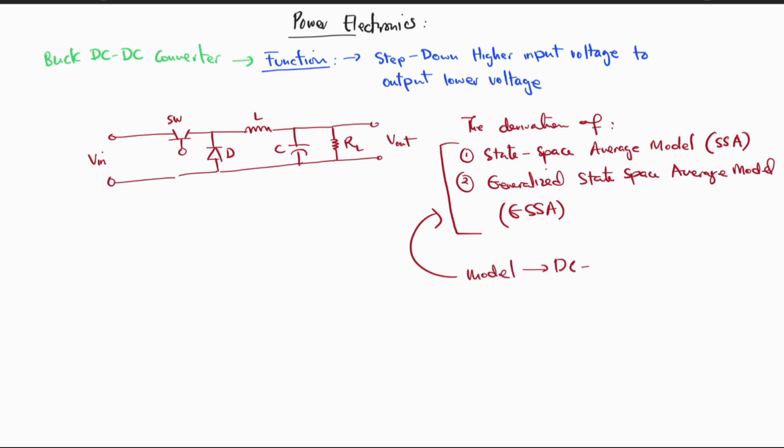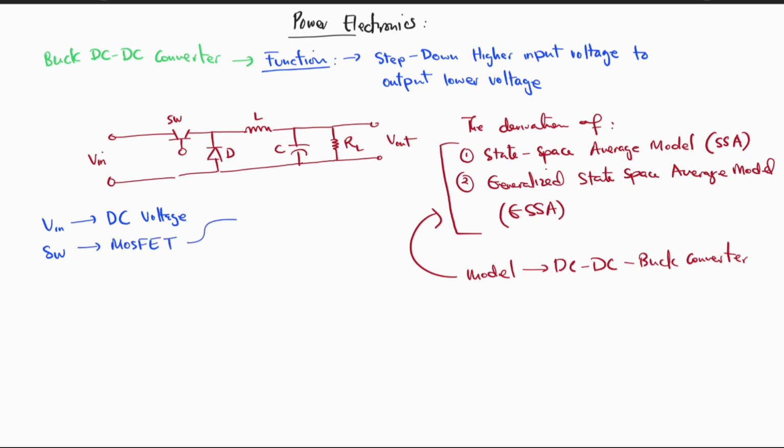And with this in mind, we are going to model the DC to DC buck converter by looking at the characteristics such as the voltage input. The voltage input will always be a DC voltage, and we normally have the switch, and this switch can be a MOSFET.